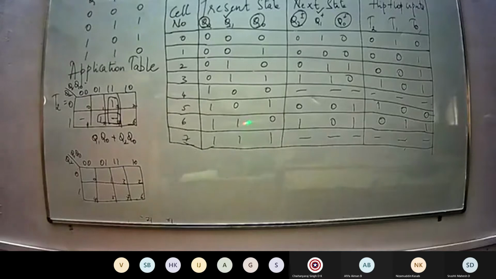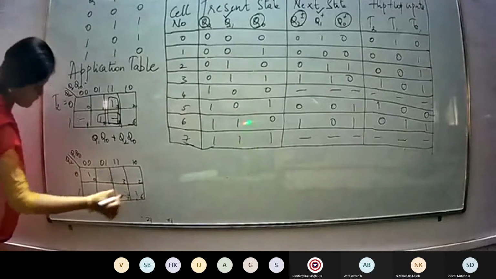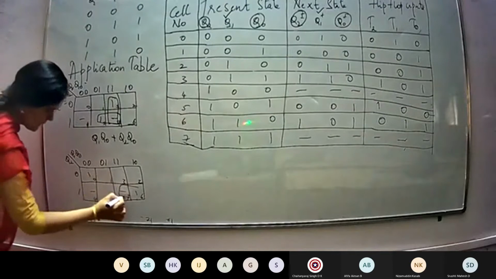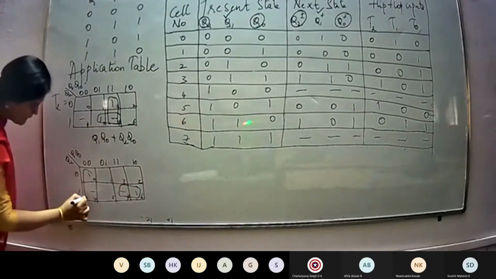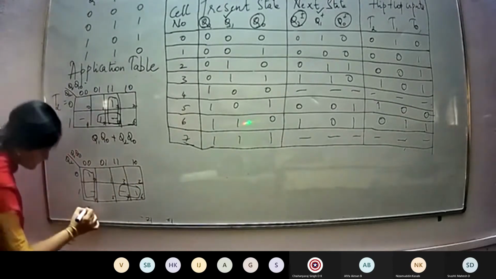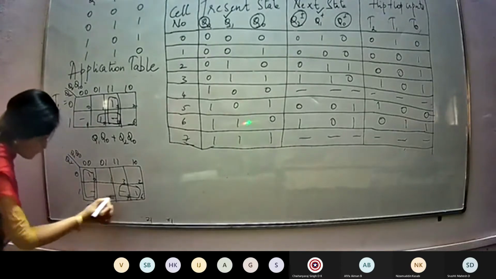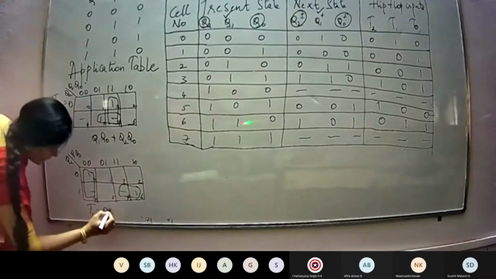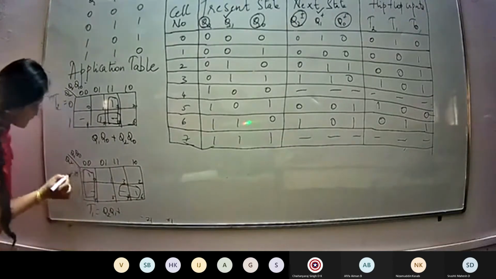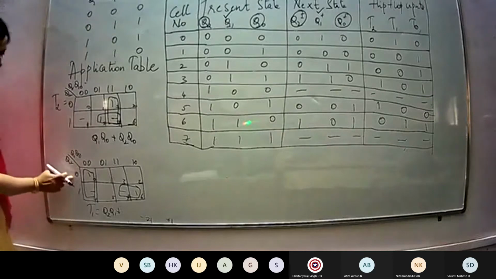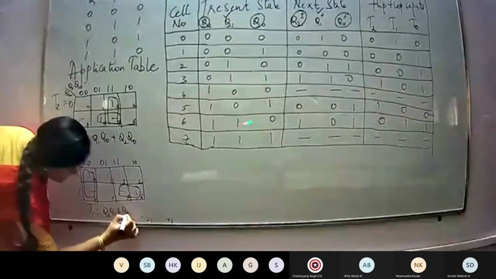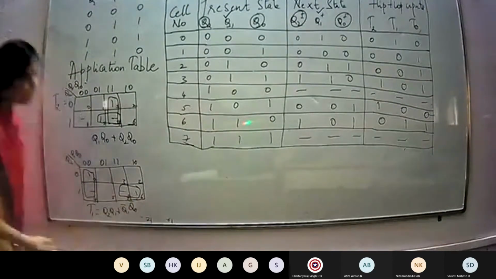In T1, cell 0 is 1 and cell 6 is 1. 4 and 7 are again don't care. So I'll take this grouping and this grouping. T1 is equal to, corresponding row, Q2; corresponding column, Q1. Plus here again it covers all the rows, so nothing you'll be taking here. Again here, what you'll be taking is Q1 bar, Q0 bar.